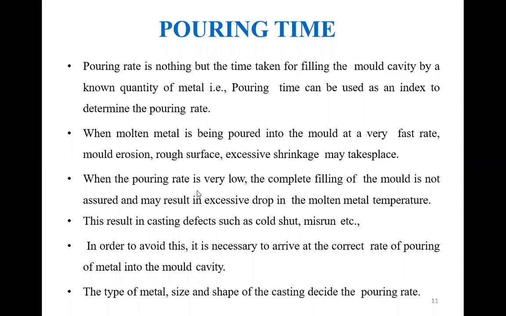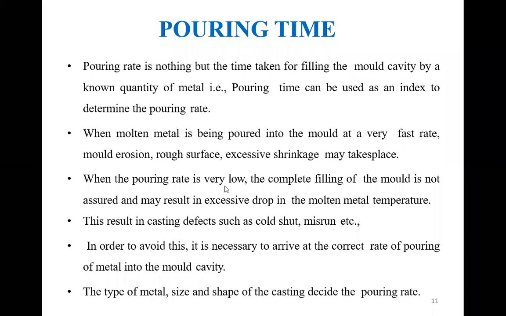So it must not be very fast and must not be very slow. If it is very fast, mold erosion of the surface and excessive shrinkage take place. When it is very slow, the temperature gradually decreases, so this results in cold shut and misrun. These are the defects.